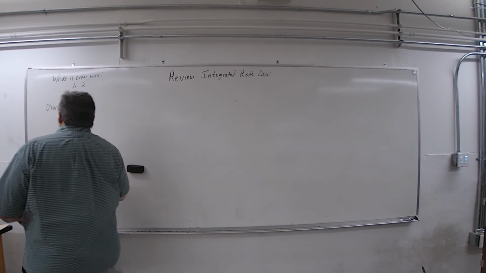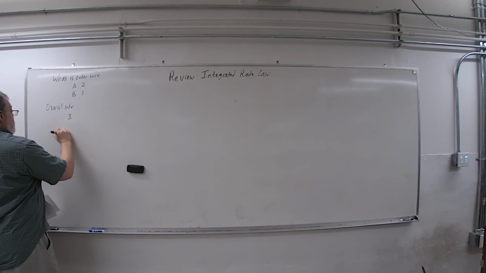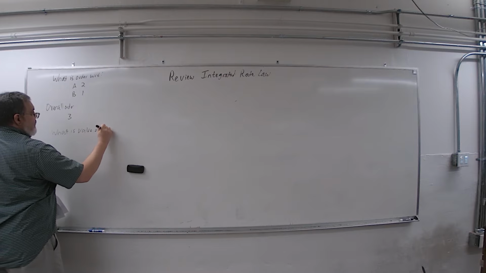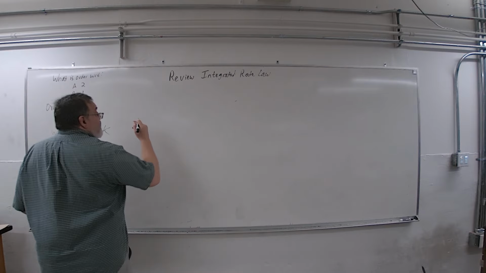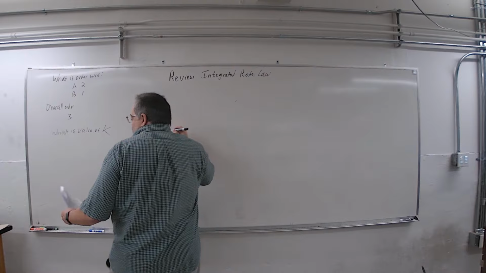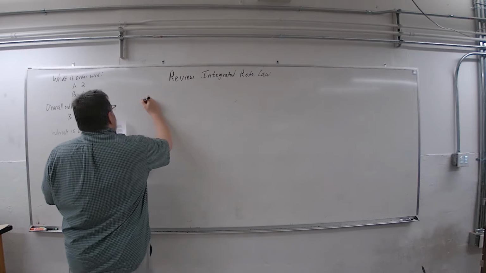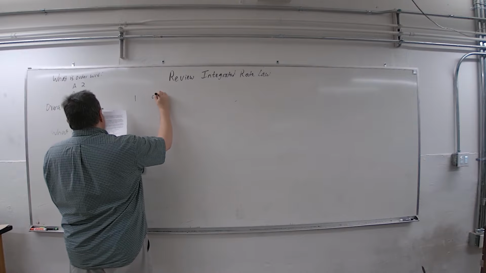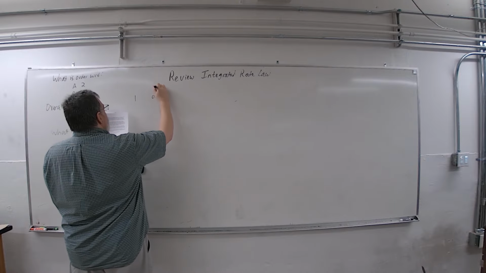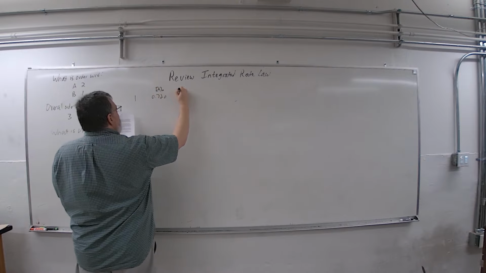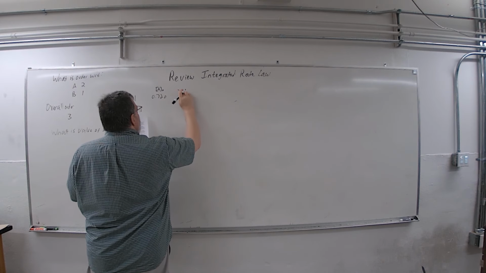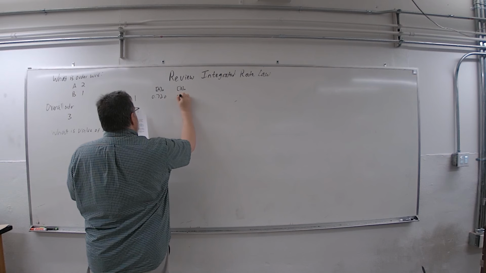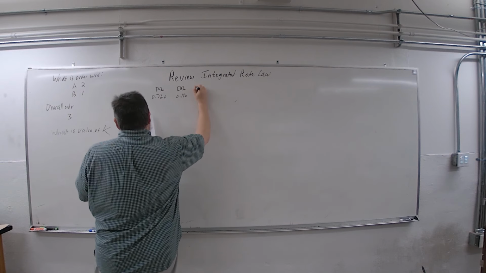And then the last question is, what is the value of k? So, I erased everything, but you just pick one of them. I'll just use trial 1. Concentration B for trial 1 is 0.180.